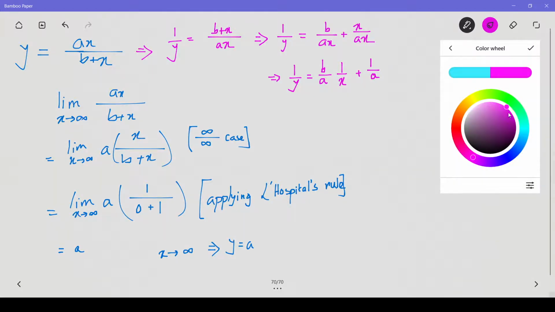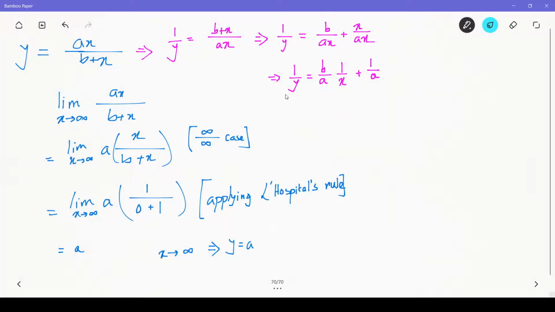Now that we have this equation, I guess you guys can see that we can express this as a linear equation, as an equation of a straight line, right? So let's denote 1 by y as z. Let's denote b by a as a1.